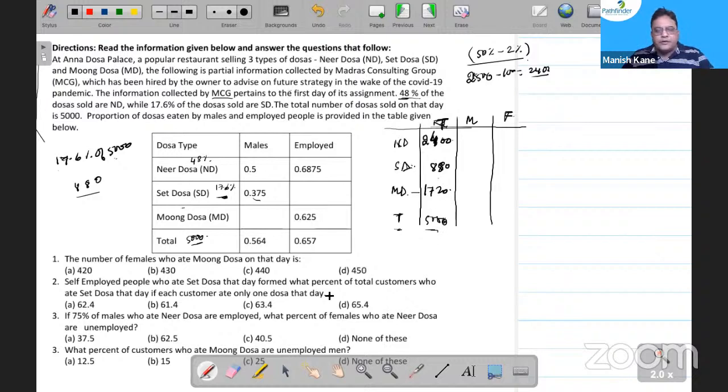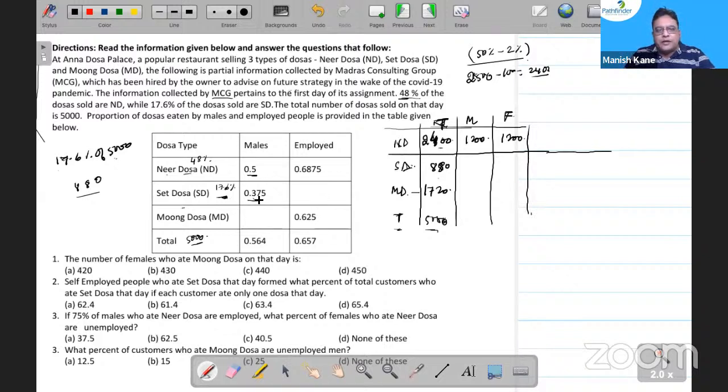Now, all I need to do is divide this over male and female. So of the neer dosa users, 0.5 are males. So of 2400, 0.5 is 1200. If 1200 are males, 1200 ought to be females as well. Correct? What next?